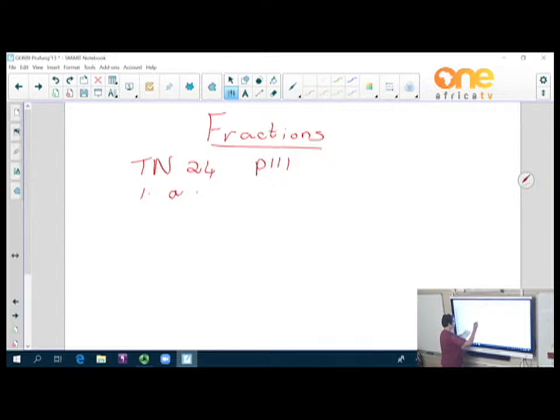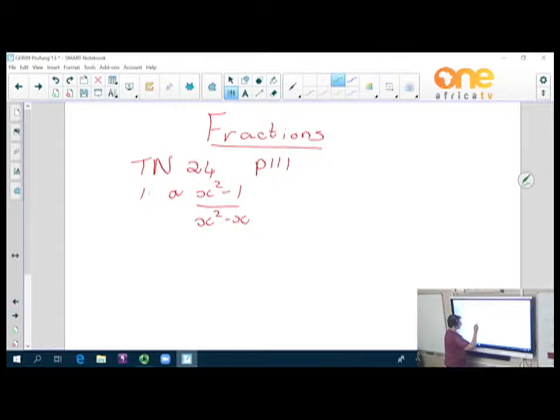The first one says x squared minus 1 over x squared minus x. I cannot cancel these x's. You can only cancel if it's multiplication. So we have to factorize to be able to cancel now here.